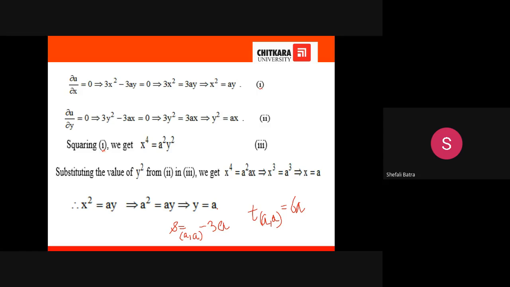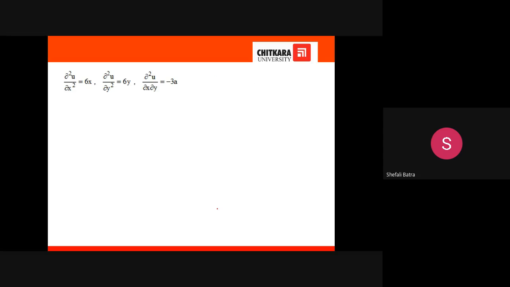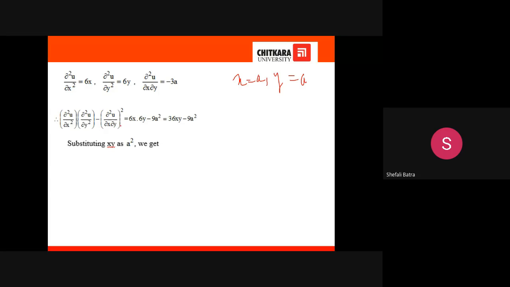Yes. Correct? So let us check it. 6x, 6y, minus 3a. So we will be finding all the derivatives at point x is equal to a and y is equal to a. So you will be getting 6a and 6a.